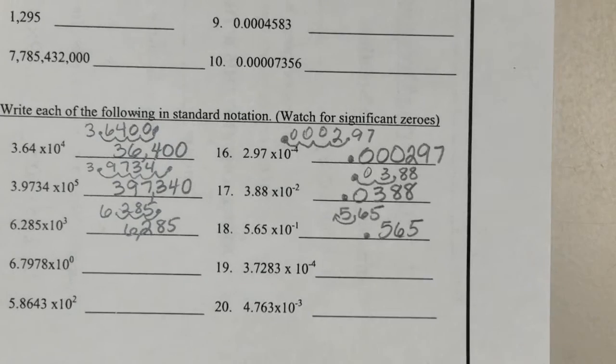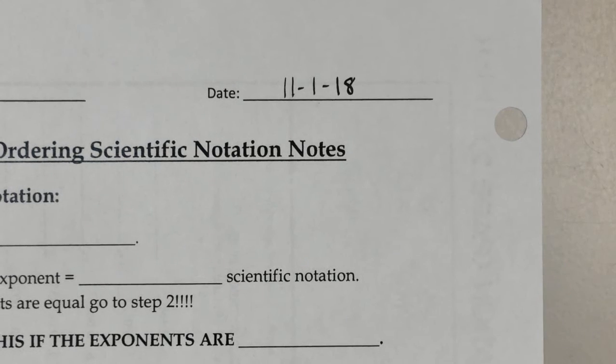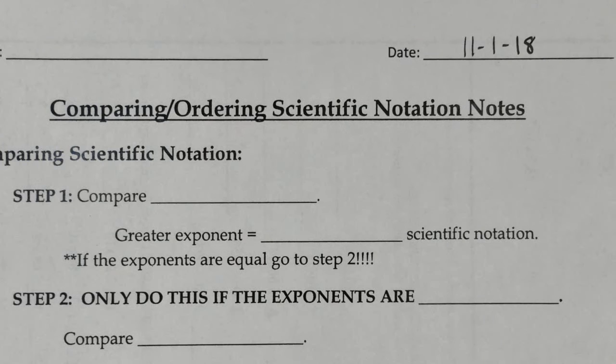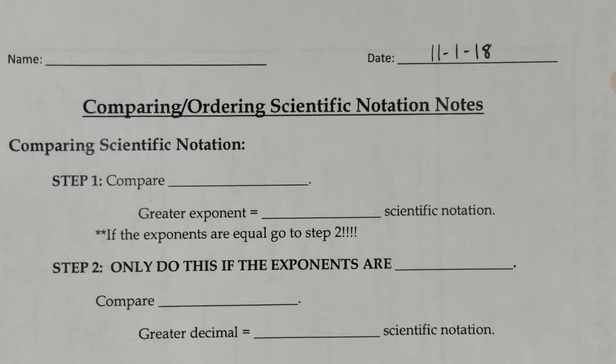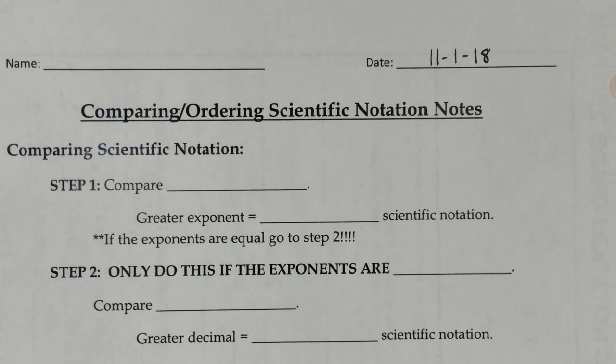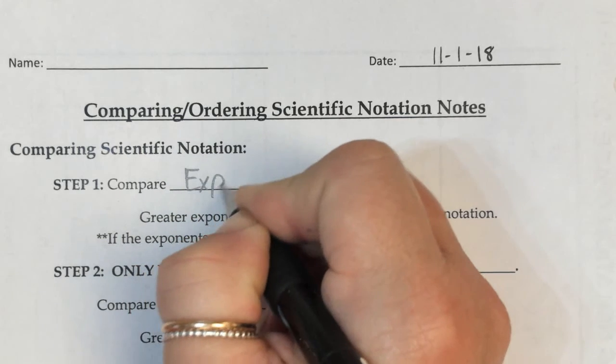Now let's take a look on the back and let's see how we would compare scientific notation. We're actually going to do this part of the lesson tomorrow in class on Friday, November 2nd, but I'm going to go ahead and include this on the same video since it's all related. So when we're comparing and ordering scientific notation, the first thing you do is compare exponents.